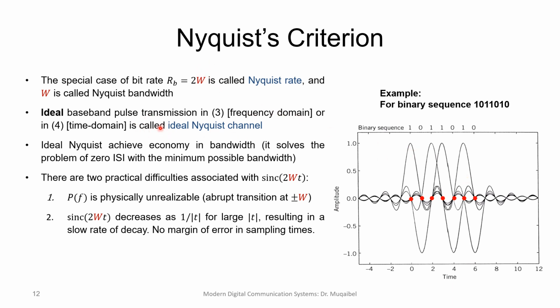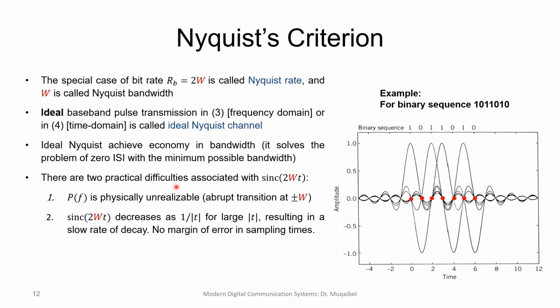We have ideal bandpass pulse transmission, in the frequency domain, and as an equation for the ideal channel, we have an ideal Nyquist channel. Ideal Nyquist achieves economy in bandwidth because this is the minimum possible bandwidth that you need, which is bandwidth equal to R_B over 2. The bandwidth is half the rate in binary. It solves the problem with 0 ISI with minimum possible bandwidth.